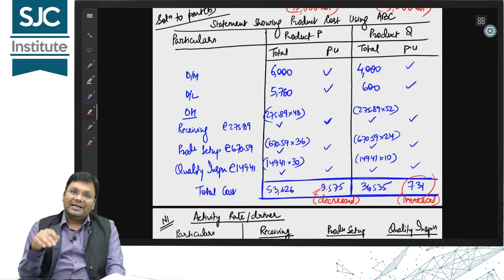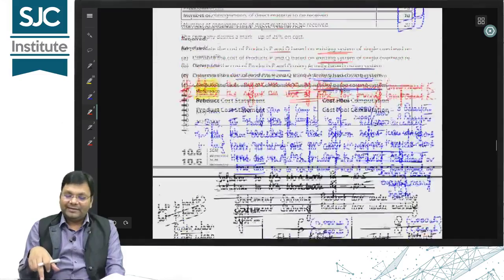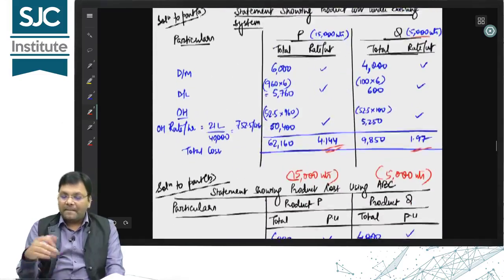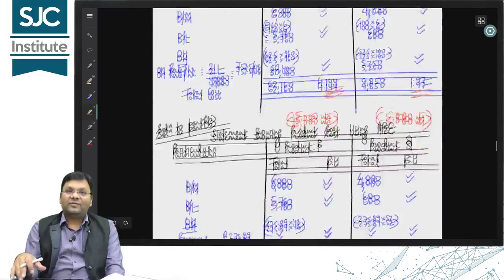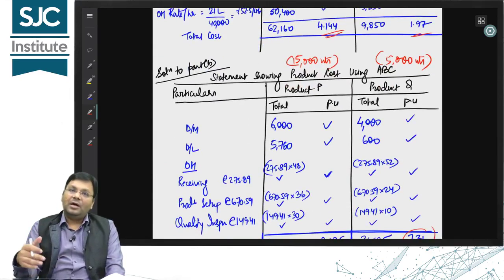So all this analysis may be required to be written in our practical exam question. This workbook is just for crystallization of concept, but the exam question will always include some more spices, something like this advice kind of thing, or comparison, or analyze the cost of product P and Q under both the systems.